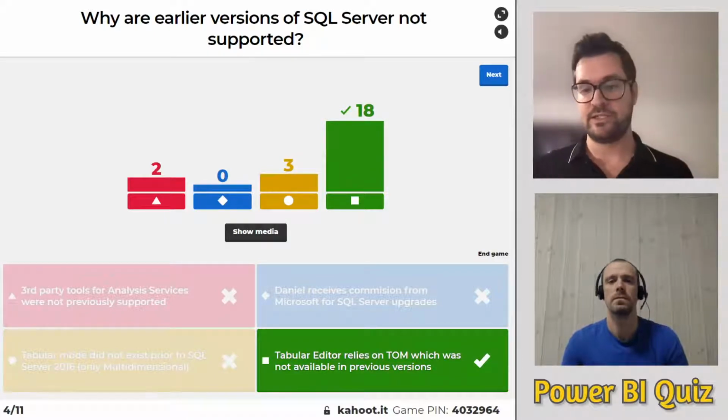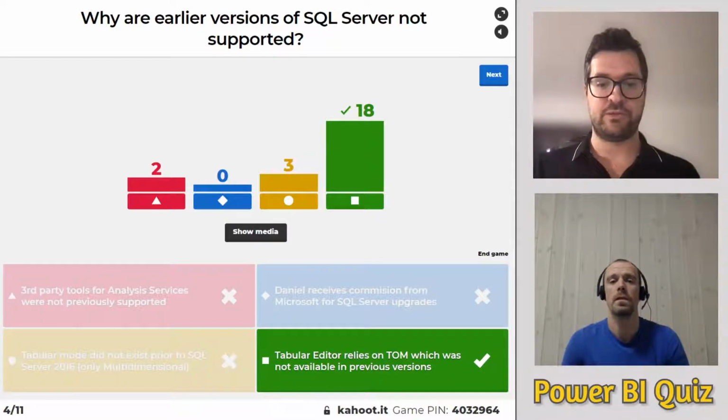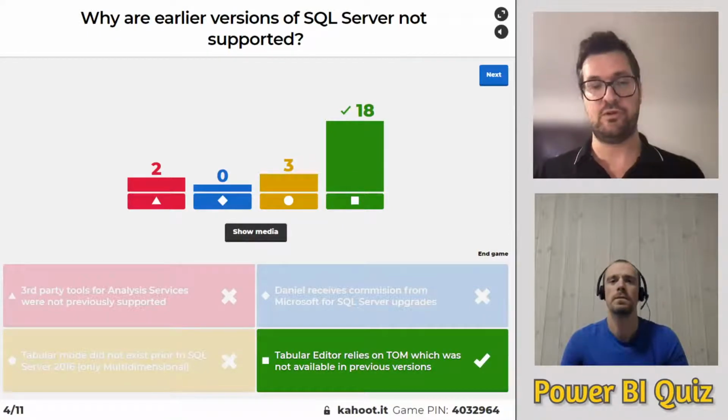They also provided this really nice API, which is a way for Tabular Editor and other tools to work programmatically against Analysis Services using this simplified object model. That made things a whole lot easier for third-party tool authors.